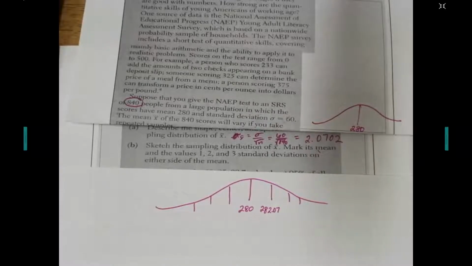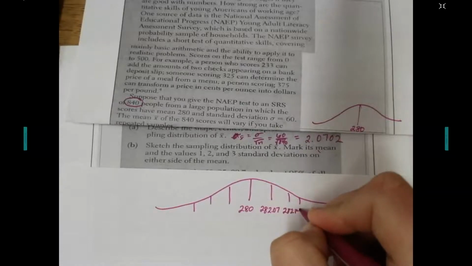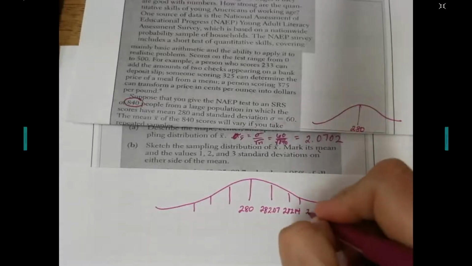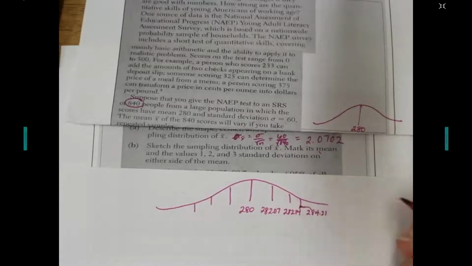And so this next one will be 282.07. And then plus 2.0702, and so this will be 282.14. And then the last one, plus 2.0702, and that will be 284.21. Sorry, I'm running out of space. Going backwards, I would just subtract the standard deviation.